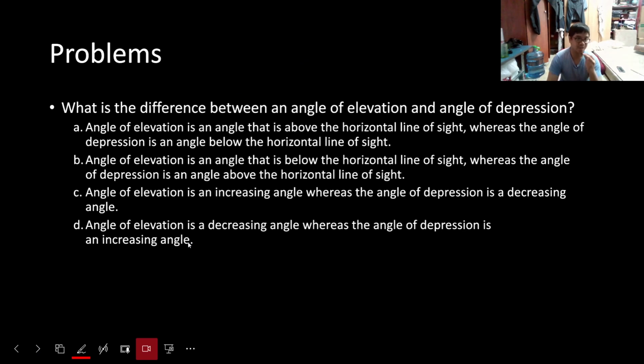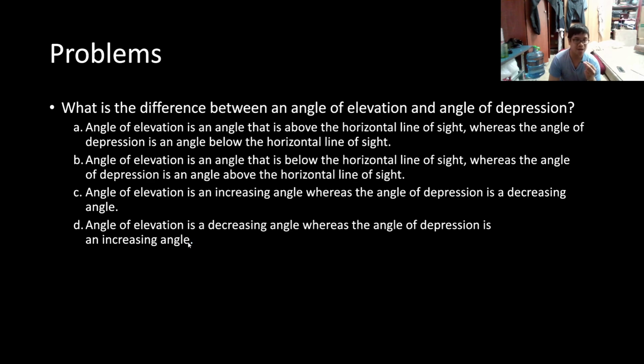This one. What is the difference between an angle of elevation and angle of depression? A, angle of elevation is an angle that is above the horizontal line of sight, whereas the angle of depression is an angle below the horizontal line of sight. B, angle of elevation is an angle that is below the horizontal line of sight, whereas the angle of depression is an angle above the horizontal line of sight.